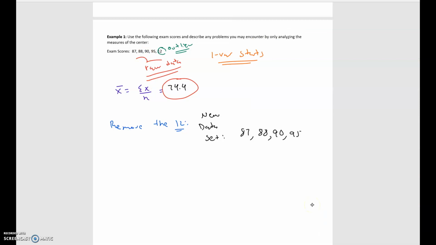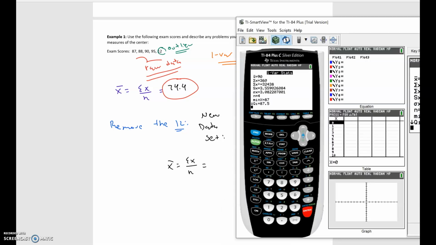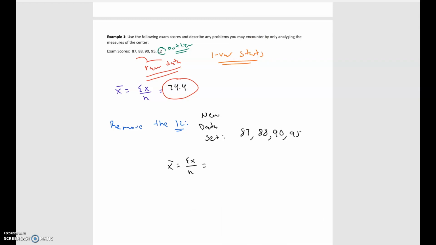I just removed it so that you can see it. The new value that I'm obtaining is an average of 90. And in this case, you would say that, in terms of a mean, most of the scores are in the 90s, which is technically the average.